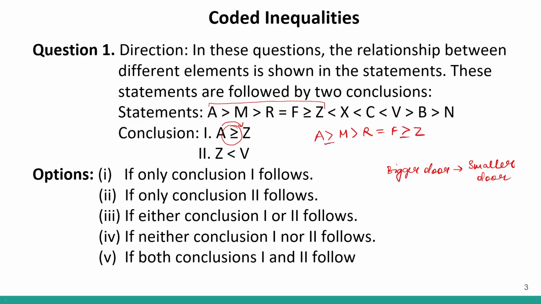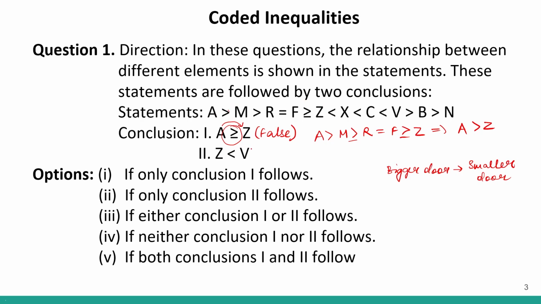No, because over here the symbols that are used are only greater than symbols and not greater than or equal to symbols. Therefore, this is false. Based on this much information, I can conclude that A is greater than Z, but I cannot conclude that A is greater than or equal to Z. Only one possibility is there. Correct? So this statement is false.